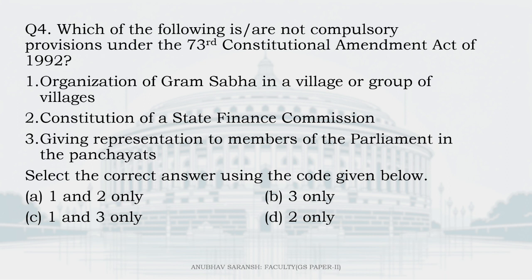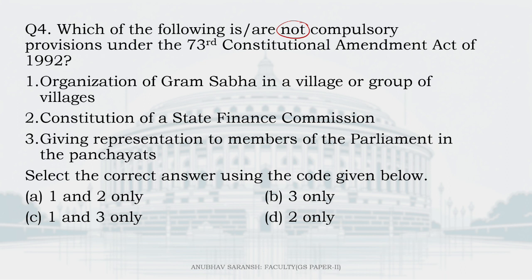Which of the following is or are not, please follow, not compulsory provisions under the 73rd Amendment Act of 1992? Number 1, organization of Gram Sabha in a village or a group of villages. Number 2, constitution of an SFC or a State Finance Commission. And number 3, giving representation to members of the parliament in the panchayats.